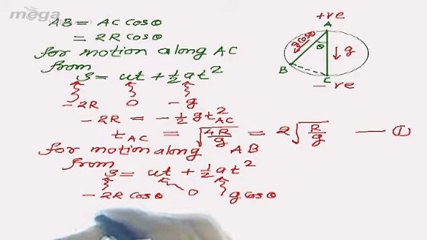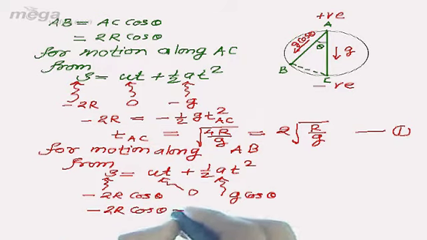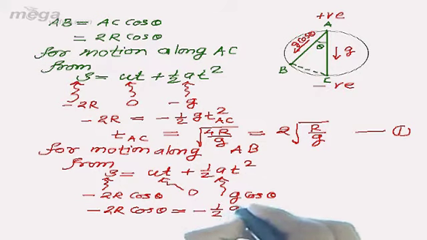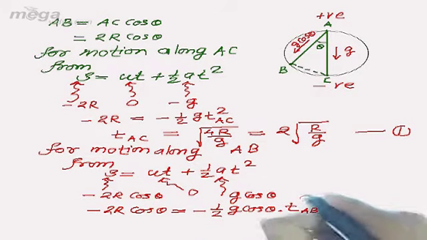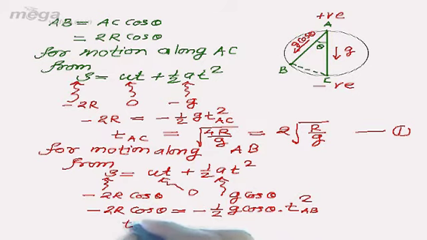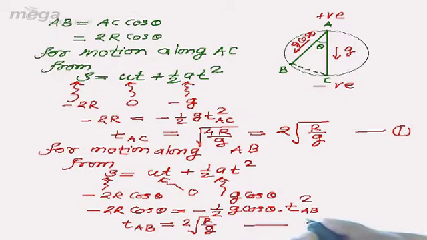Then we can write minus 2r cos theta equal to minus half g cos theta into T_AB square, which gives us T_AB equal to 2 times under root r by g, again, which is equation number 2.